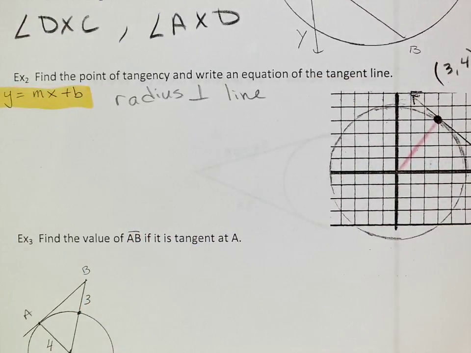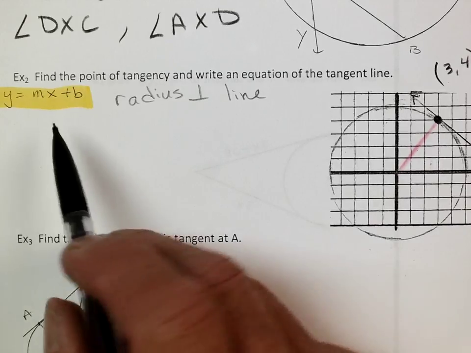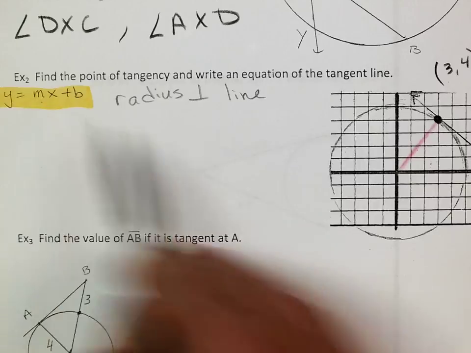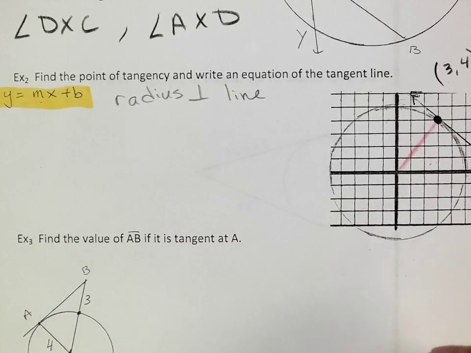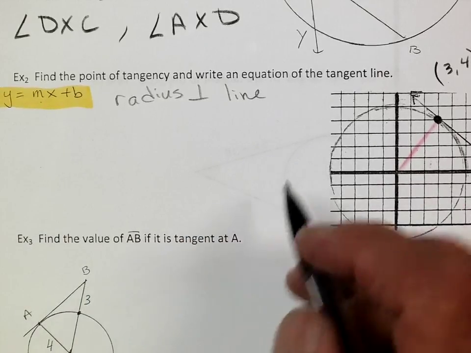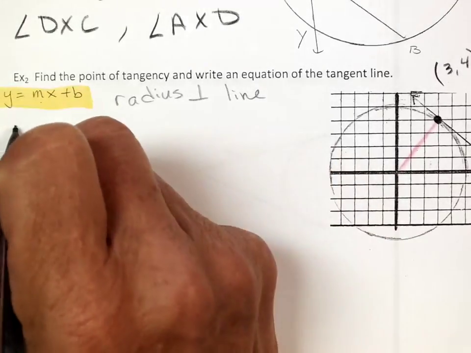Okay, know that. So if I'm going to get an equation of a line, I've got to find two things. I've got to find the slope of this line, okay? So to get the slope of this line, first let's get the slope of the radius.